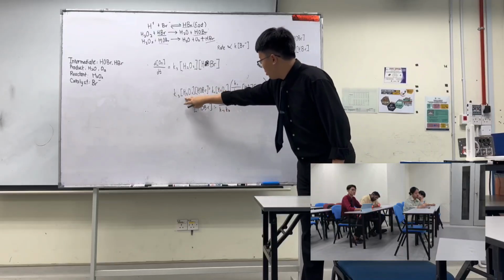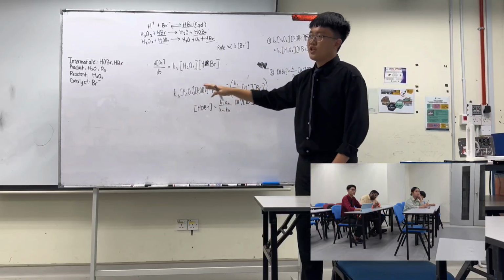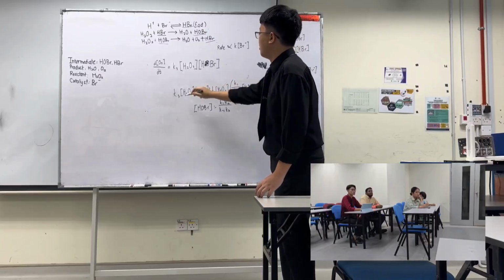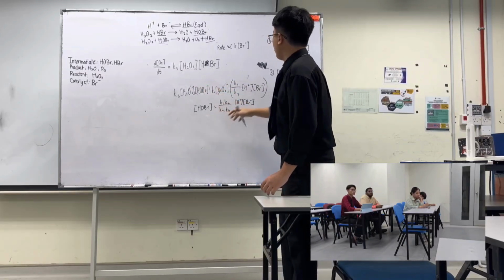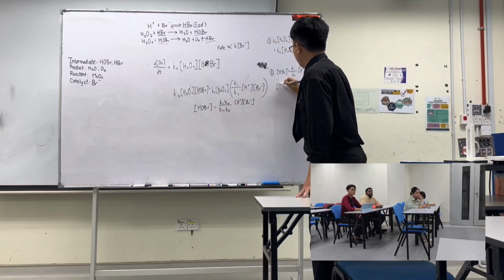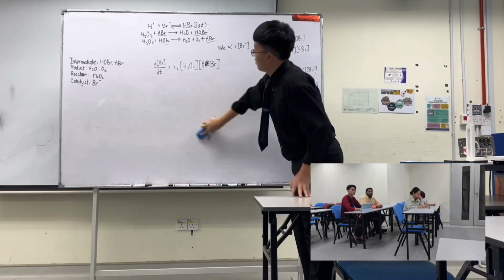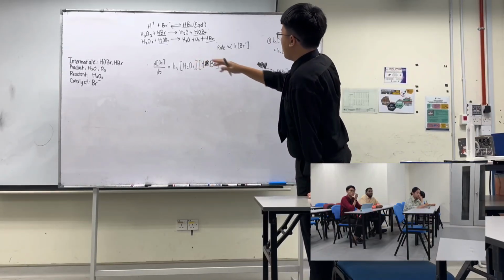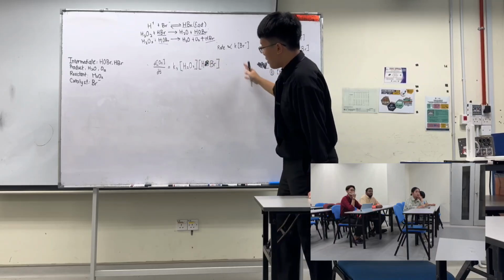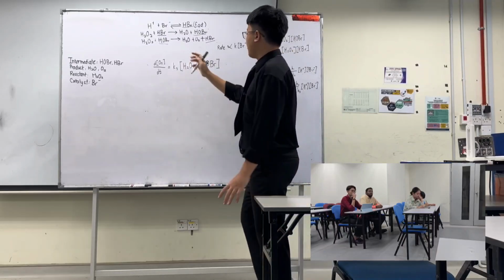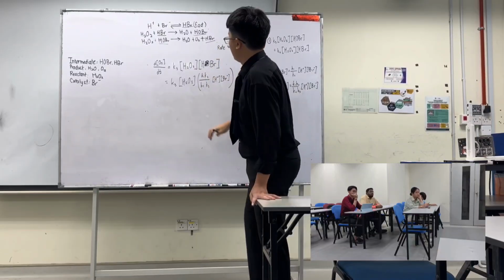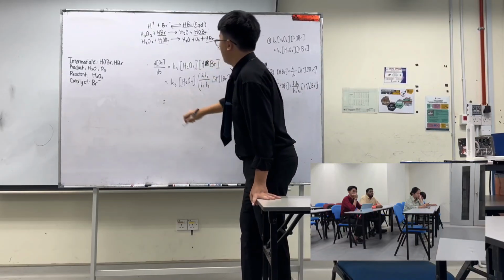Since H2O2 is on both the left hand side and the right hand side, we can cancel each other, so no more H2O2. So this will become our HOBr. Okay, so after we obtain both intermediates HOBr and HBr, we go back to our equation and substitute.